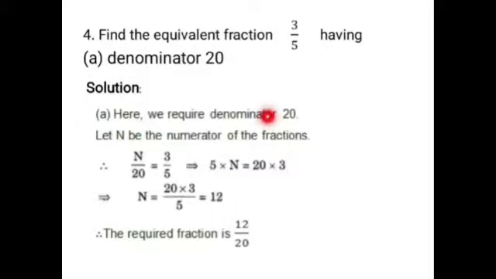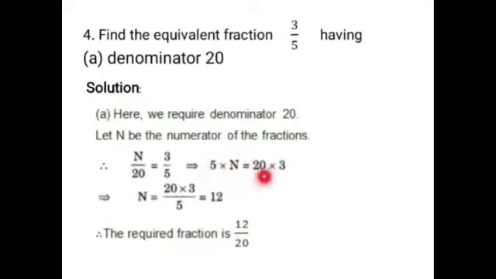See the A part of question number 4. Find the equivalent fraction of 3 by 5 having denominator 20. Here we require the denominator 20. So, let n be the numerator of the fraction. Therefore, n by 20 is equal to 3 by 5. On cross multiplying, we get 5 multiplied by n is equal to 20 multiplied by 3.